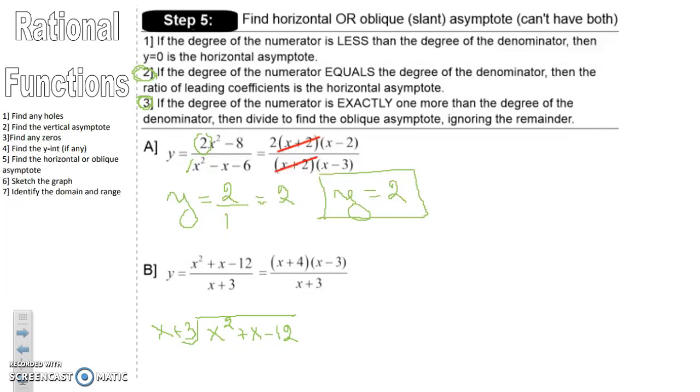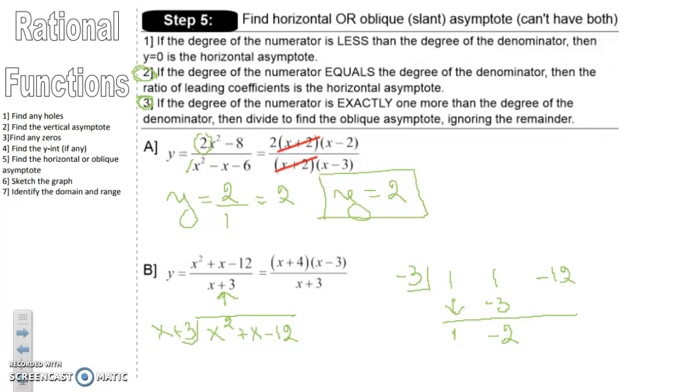I need to write out the coefficients of the quadratic function. They are 1, 1, and negative 12. And I will be dividing by the opposite of plus 3, which is negative 3. For synthetic division, I'm going to bring that 1 over as I see it. 1 times negative 3 is negative 3. 1 plus negative 3 equals negative 2.